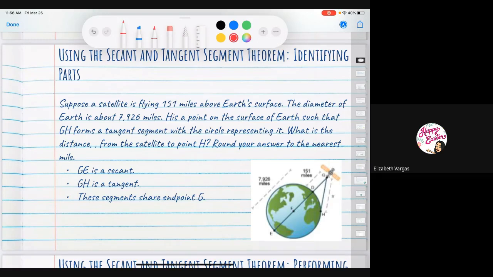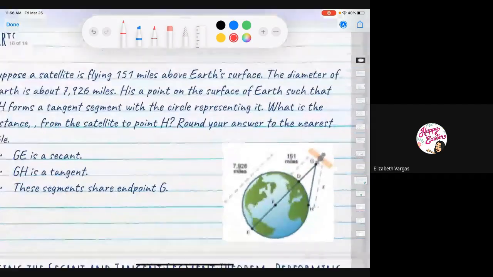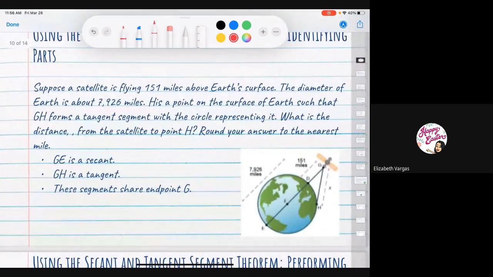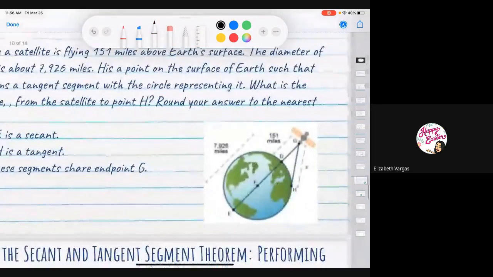What is the distance from the satellite to point H? Well, basically what this is telling us is that we have a tangent and a secant, and they share a common endpoint. And so given that, are we able to find the distance from the satellite to point H?